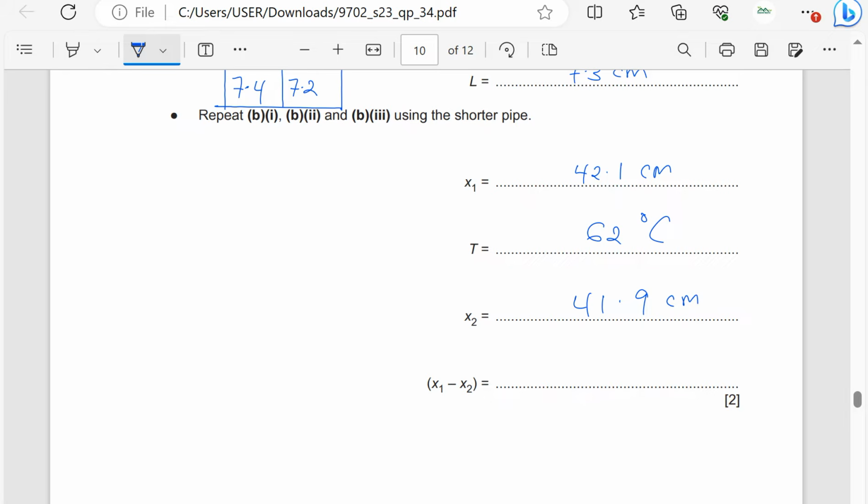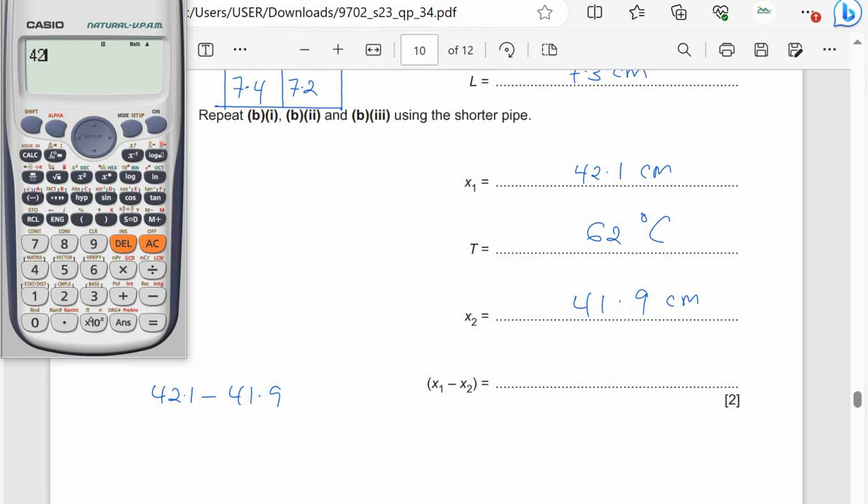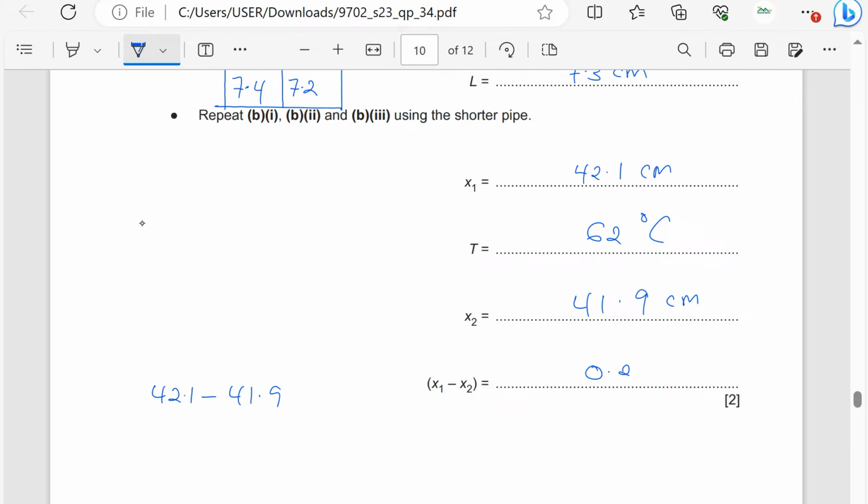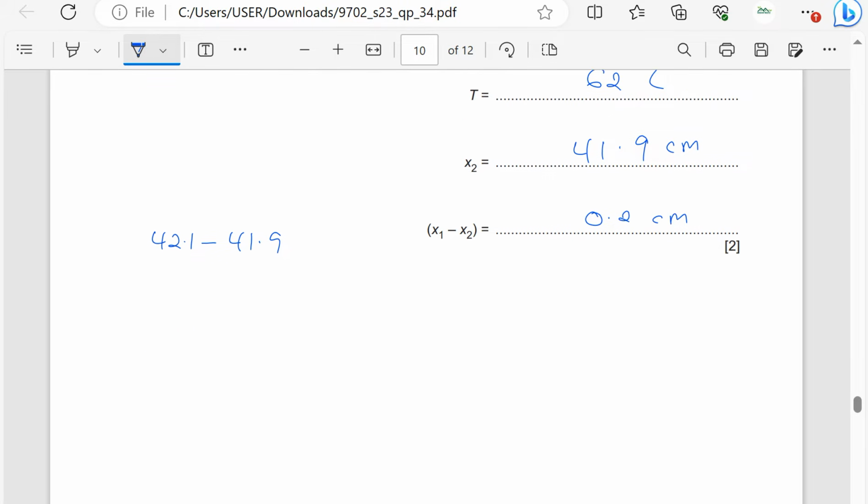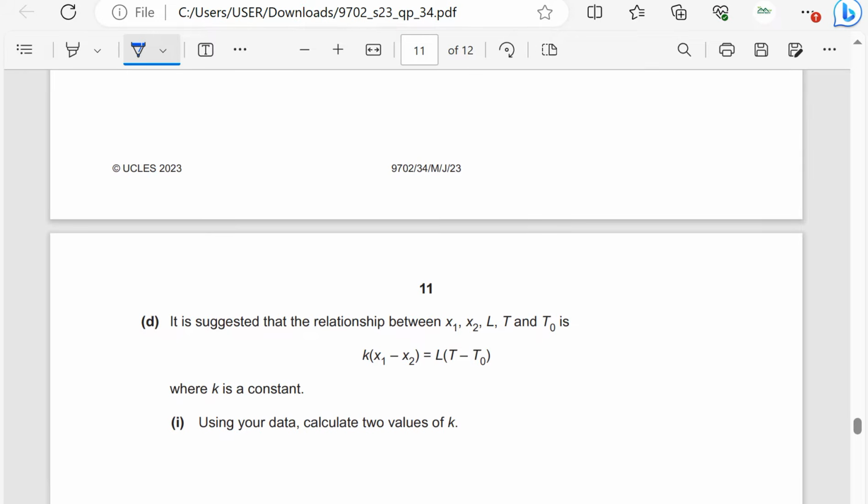So finding x1 minus x2, she got 42.1 minus 41.9, and she got 0.2 centimeters as the difference. Okay. So we notice that there's a smaller difference in x1 minus x2, which gives a larger percentage uncertainty. So that is another limitation.